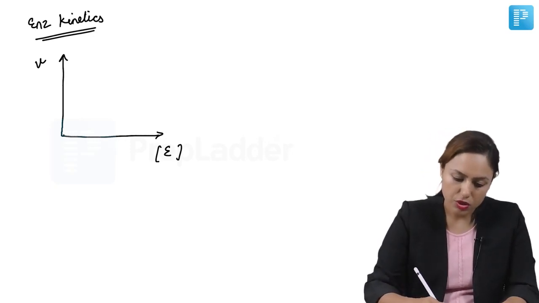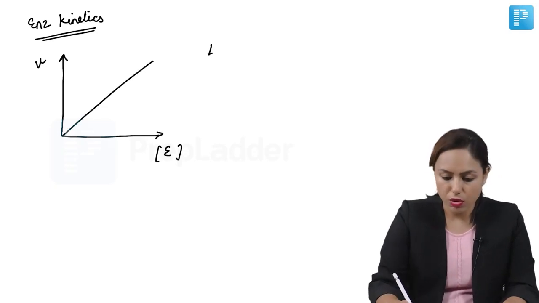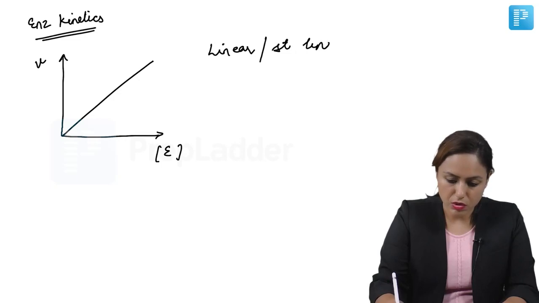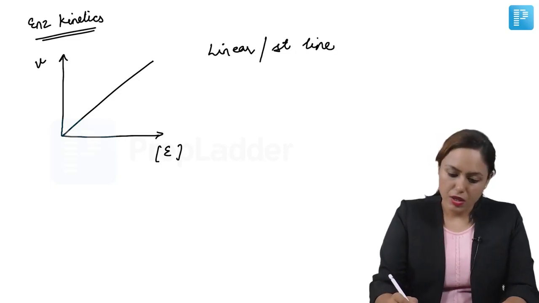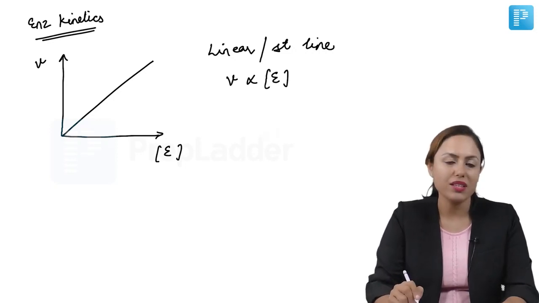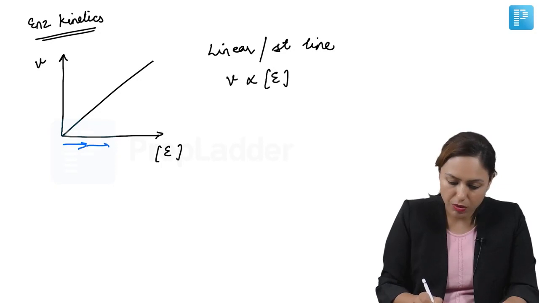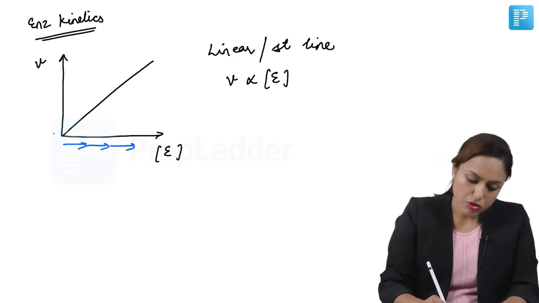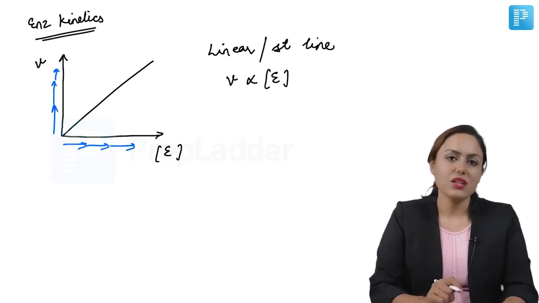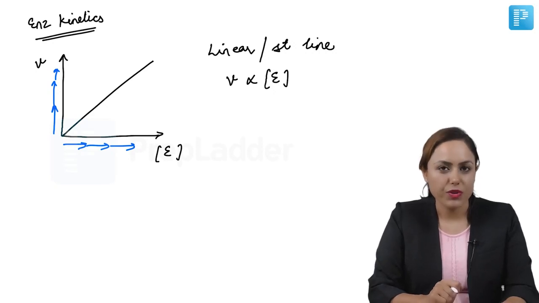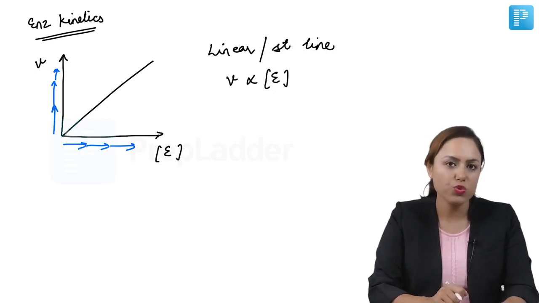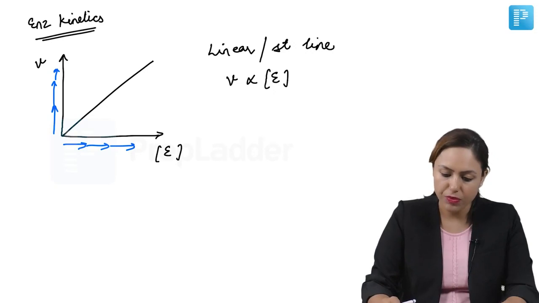Okay, so this graph is a linear or straight line graph. This says that velocity is directly proportional to enzyme concentration. Means as the enzyme increases, velocity or rate of reaction increases in the same proportion, right? So this was with enzyme concentration.